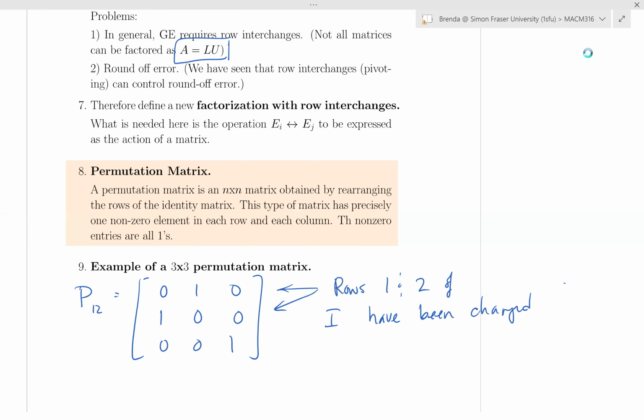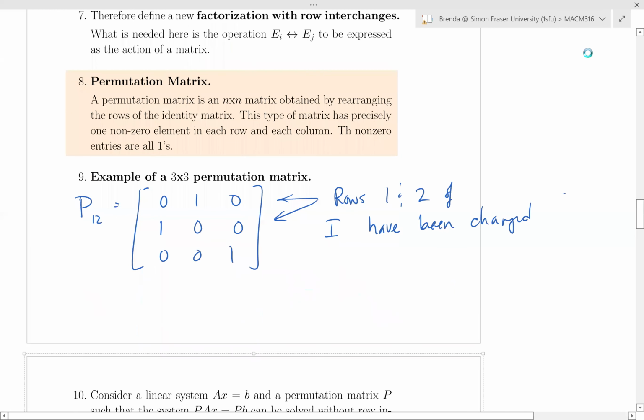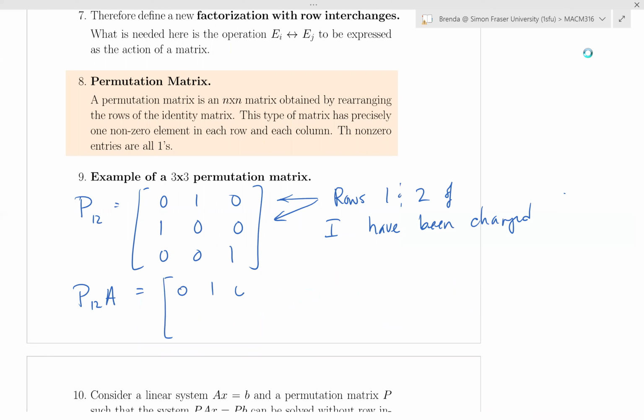Let's watch what happens when we take this P12 and multiply it by another 3 by 3 matrix.